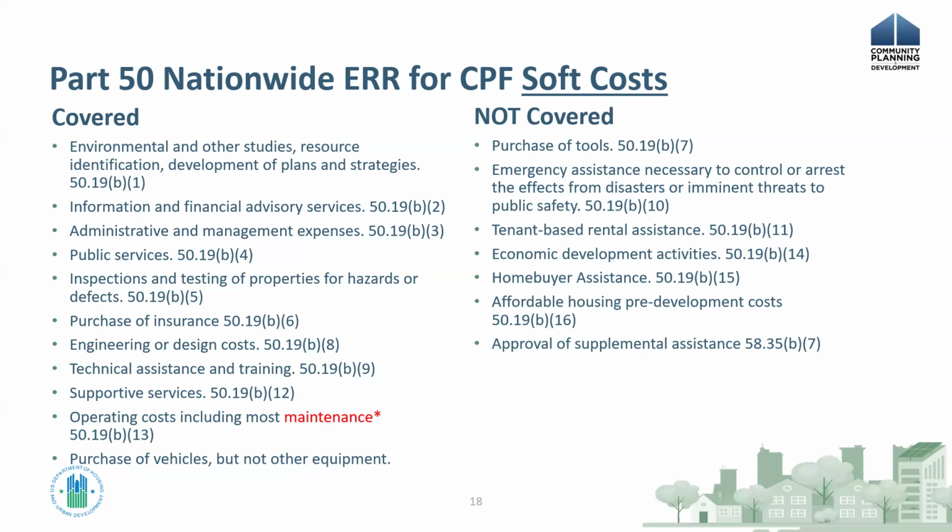Now, the reason some of these soft costs are not covered by HUD's nationwide review is because there is a chance they may require compliance with one or more laws or authorities, which would depend on the nature, the extent, and the location of the activity, which HUD could not account for in the nationwide review.